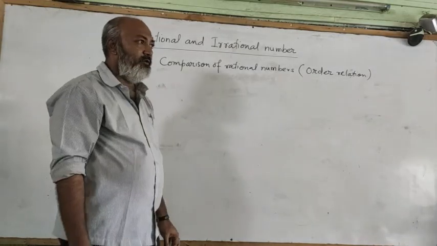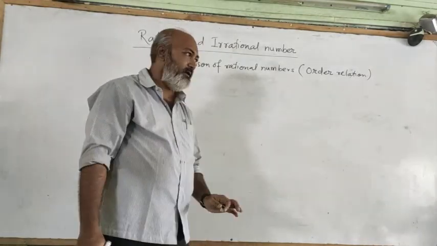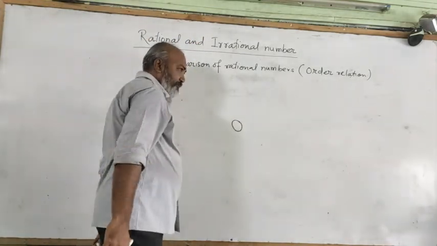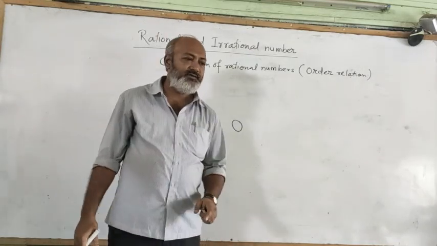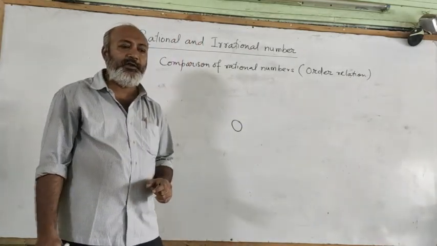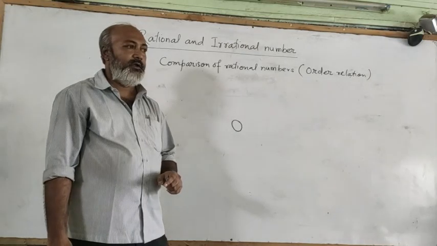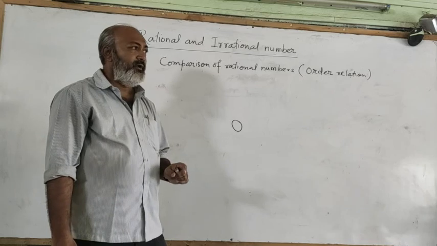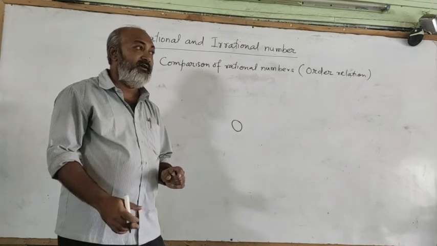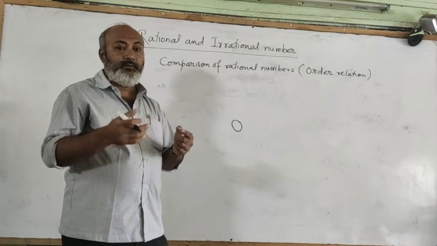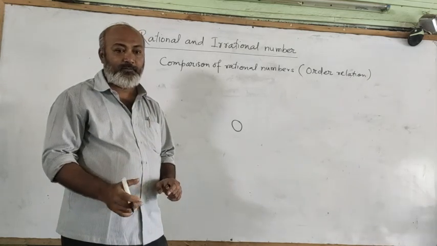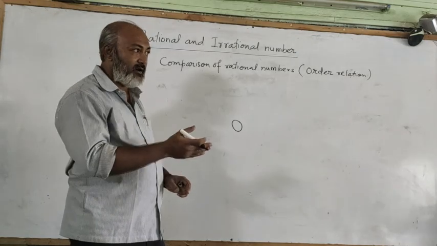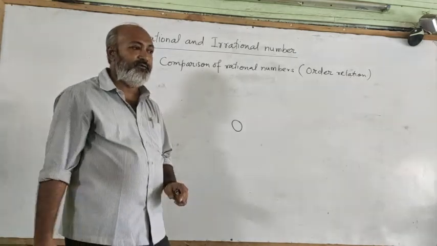Let me tell you one fact: the number 0 is an integer. 0 is neither positive nor negative. So negative numbers are considered less than 0. All the negative numbers are less than 0, meaning they are on the left side of 0.